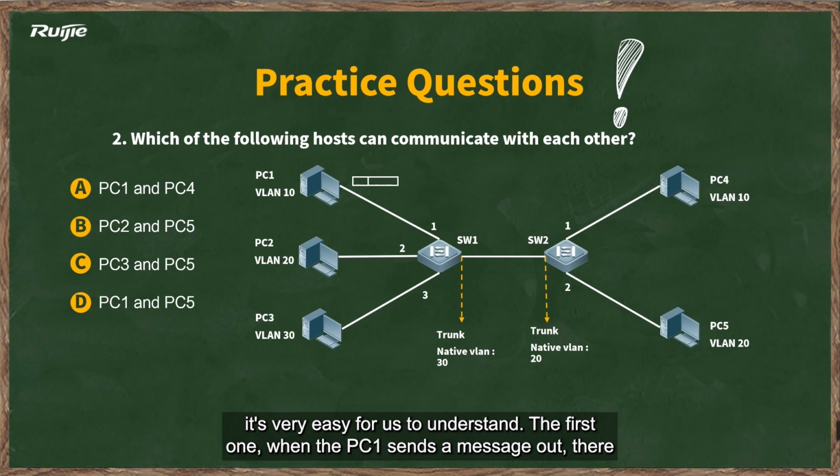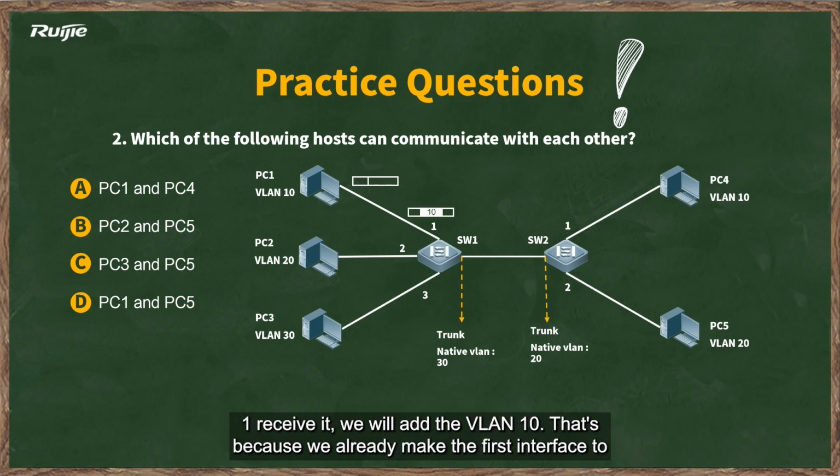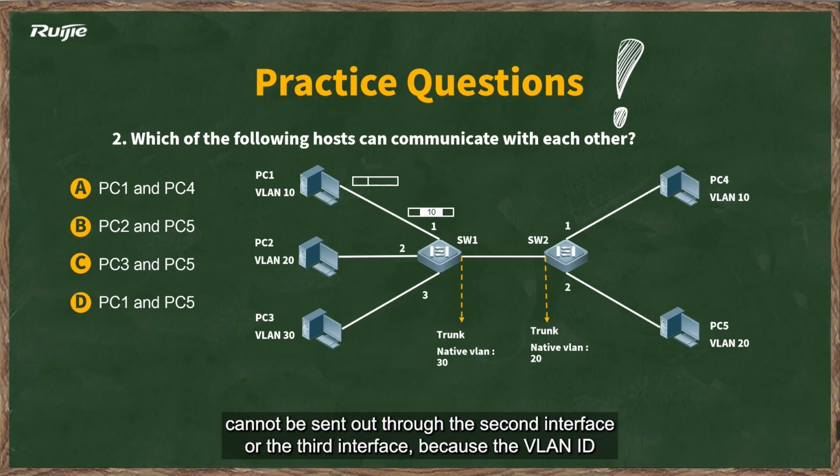Once PC1 sends a message out, it is a standard Ethernet message, so there is no VLAN ID information. When switch 1 receives it, we add VLAN 10 because we already made the first interface an access interface with VLAN ID 10. With VLAN 10 added, the message cannot be sent out through the second or third interface because the VLAN ID is different.